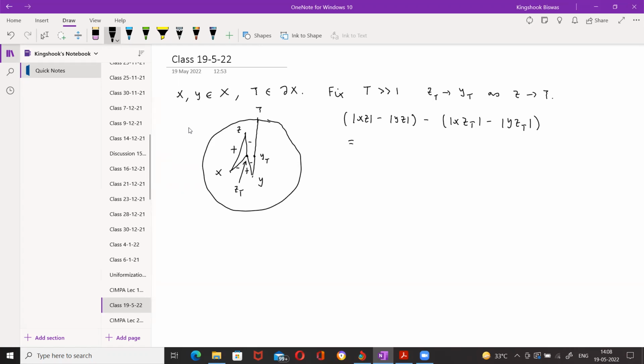What will remain is this distance minus these two distances. So that's xz minus zz_t minus z_tx. So that's the defect in the triangle inequality in this triangle.